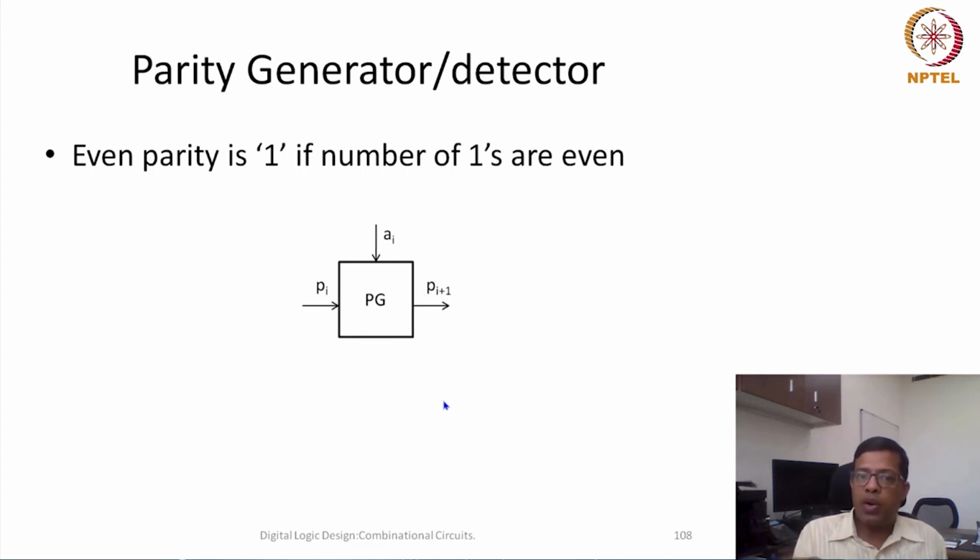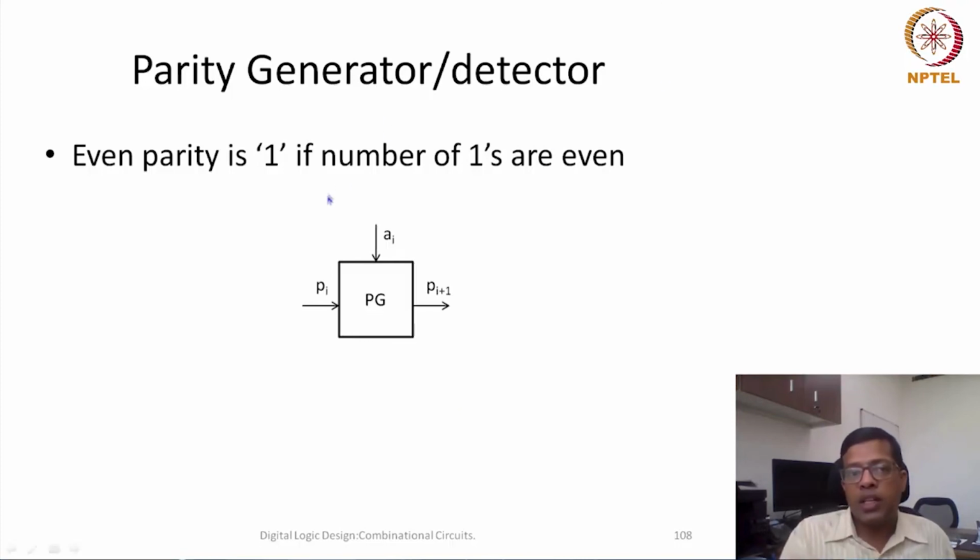It doesn't depend on how many bits there are in the input, whether the input vector is 8 bit long or 16 bit or 32 bit. I just need to replicate this single bit parity generator design at all the places.